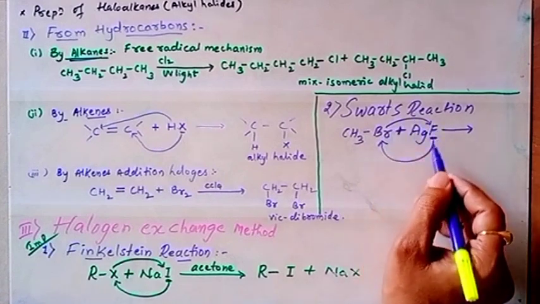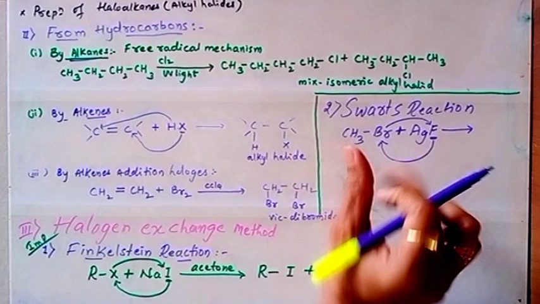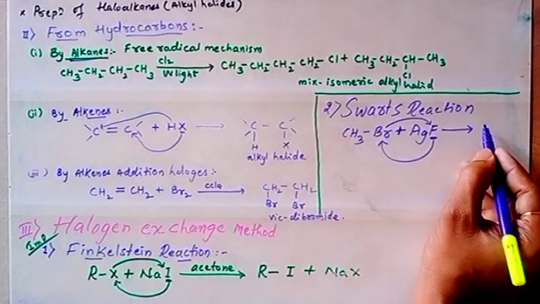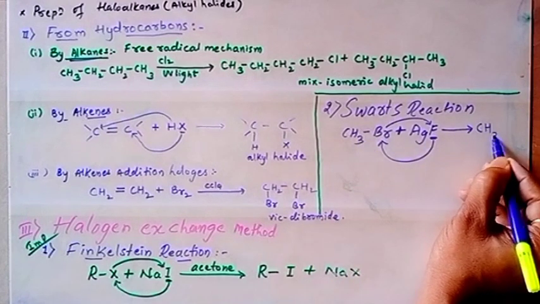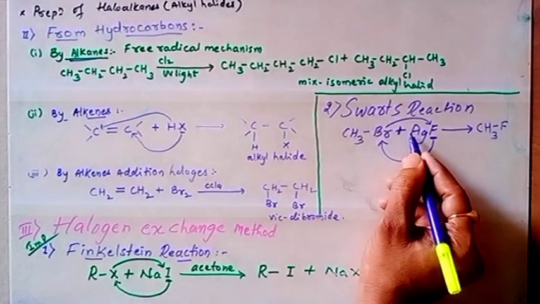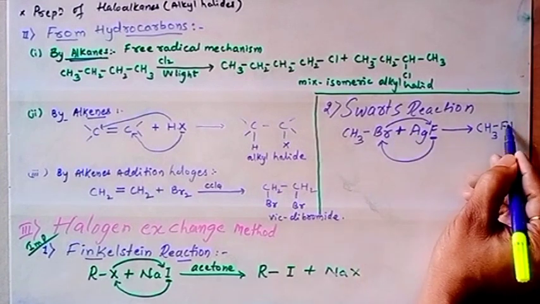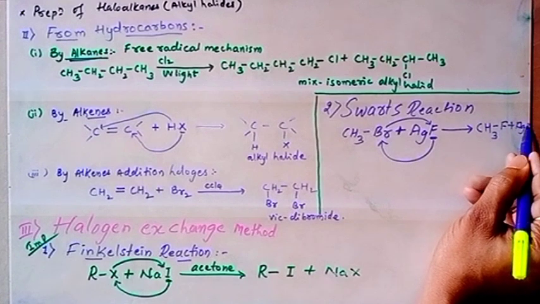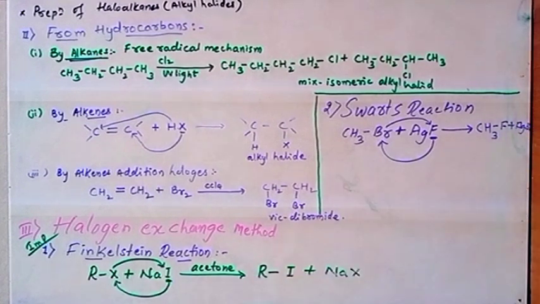So the halogen exchange takes place between the two reactants. CH3 gets F attached, plus AgBr. So this is the Swarts reaction.